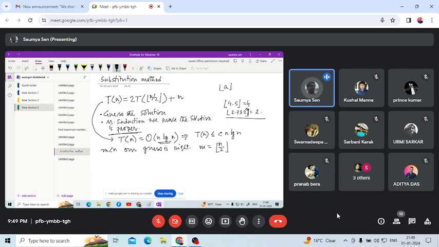So if our guess is right for m, obviously P of floor of n by 2 is less than or equal to C into floor of n by 2 into Lg of floor of n by 2 plus n. If you cannot understand any part, tell me, I am trying to do it step by step.